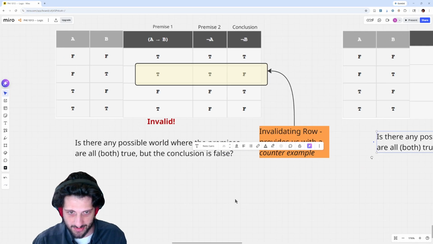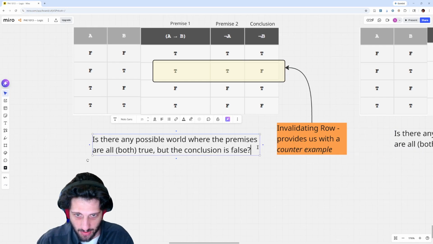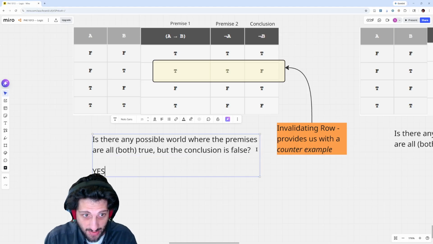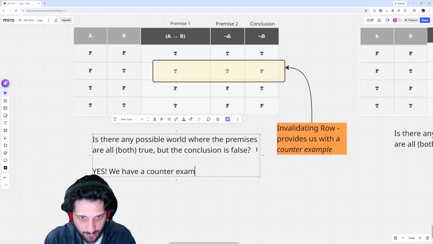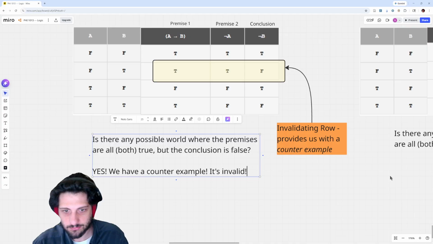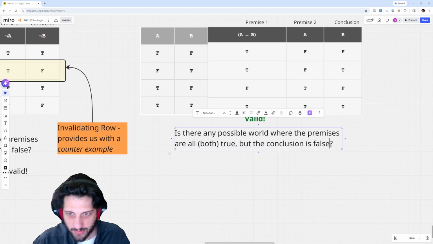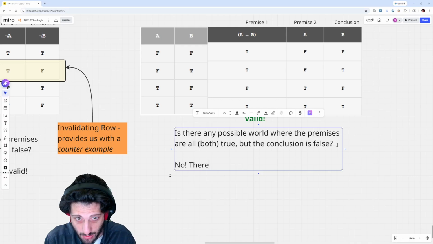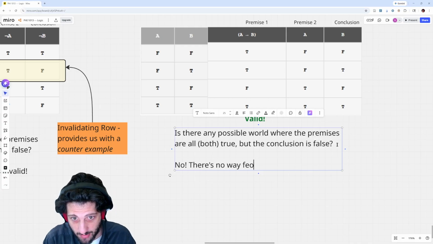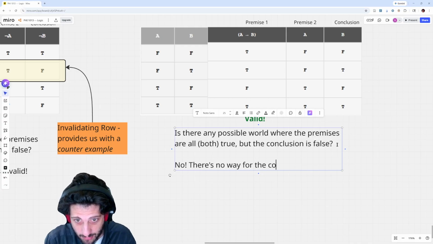So I'm going to copy this and paste it here. Here, the answer was yes. We have a counterexample. It's invalid. Over here, we would say no, there's no way for the conclusion not to follow.